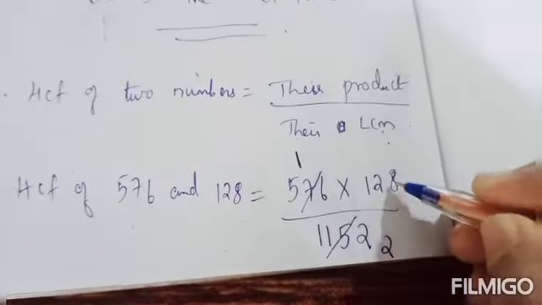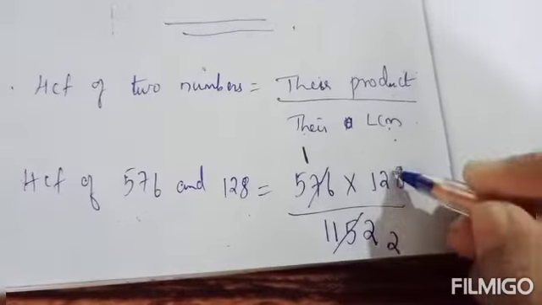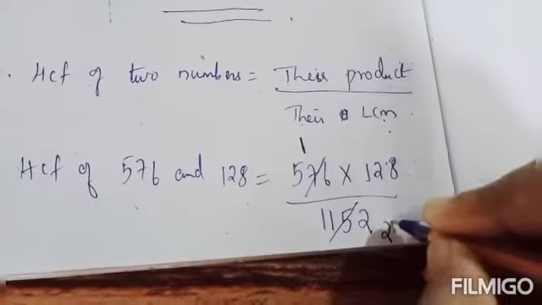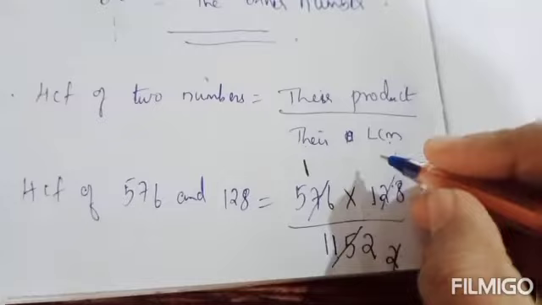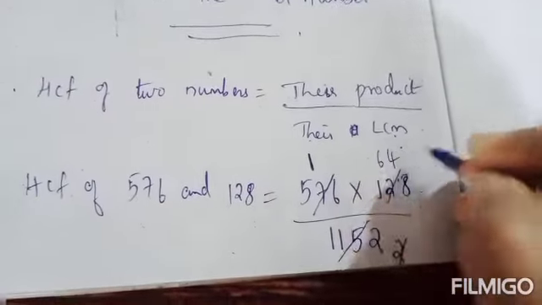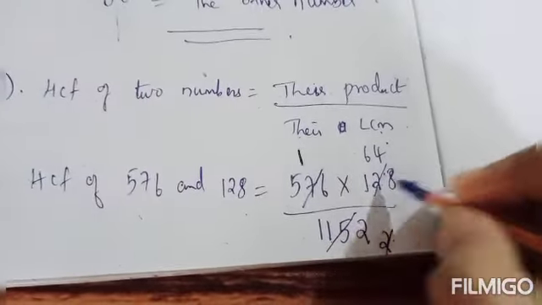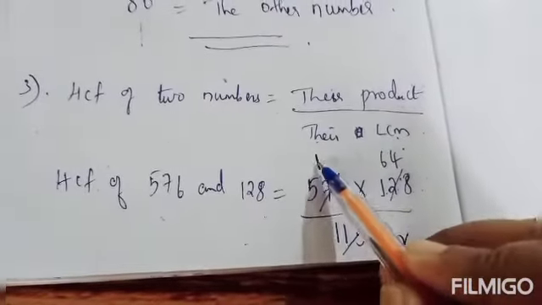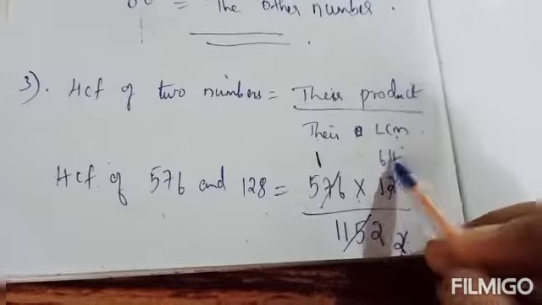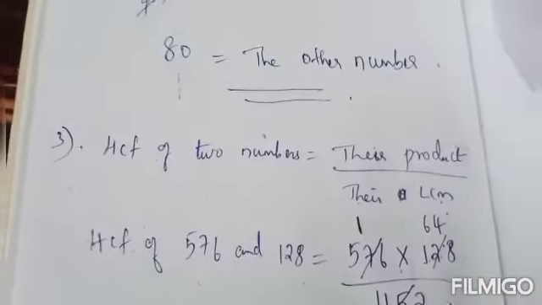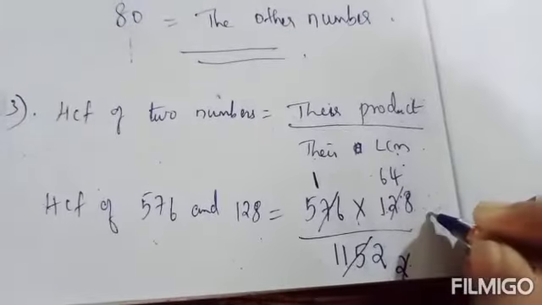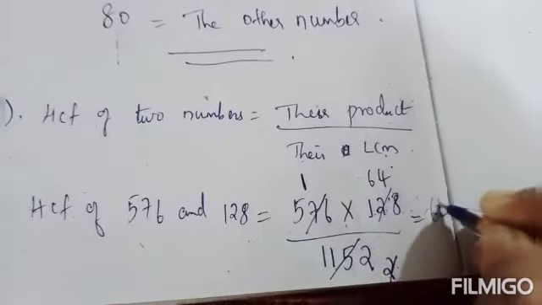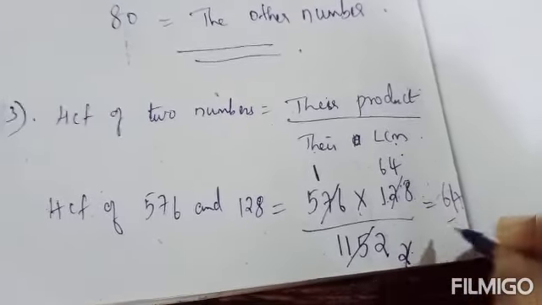Next, 128 you can divide by 2. You will get 64. 128 by 2 is 64. Now the HCF will be 1 into 64, that is 64. You will get the HCF as 64.